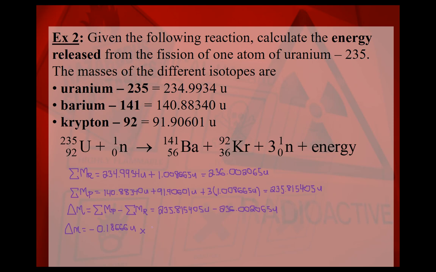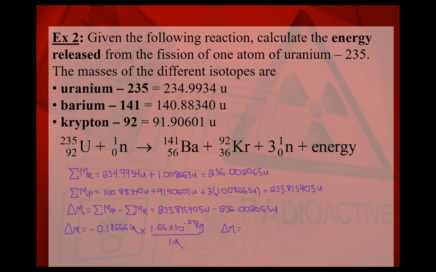I know that in 1 atomic mass unit, I have 1.66 times 10 to the negative 27 kilograms. So this would give me delta M. We're going to go to 3 significant digits because we're using that value off the formula sheet.